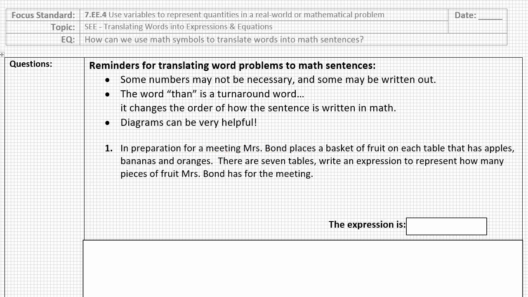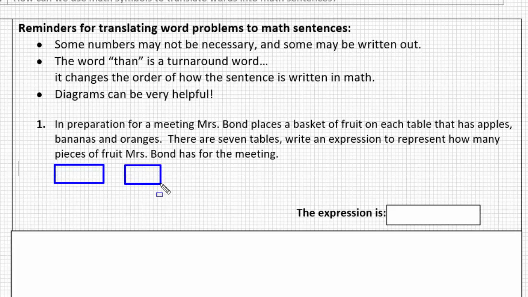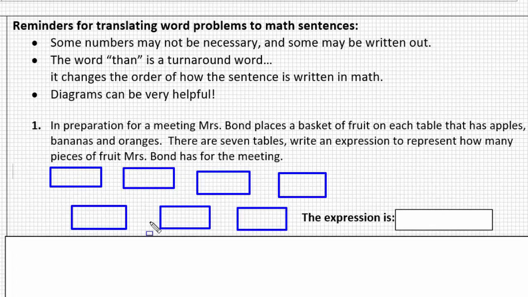So, one thing, if we're thinking about a diagram, we could imagine that we have the 7 tables, right? So 1, 2, 3, 4, 5, 6, 7. So we have all 7 tables. And then we know that on each table there is some number of apples, bananas, and oranges.